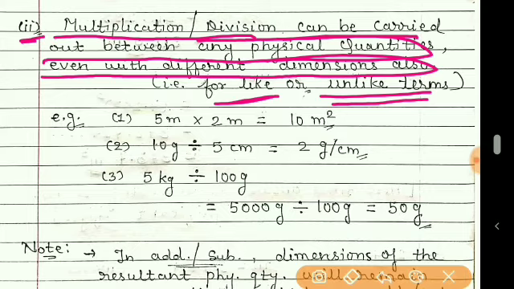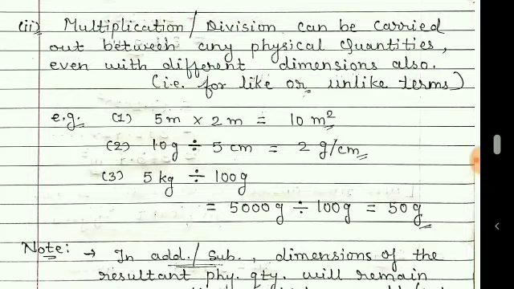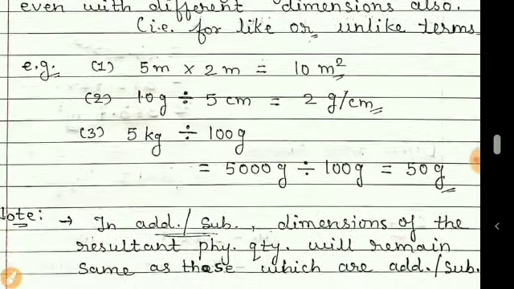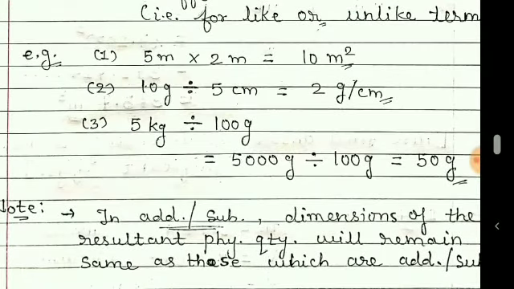So if two physical quantities have same dimension, then also multiplication or division can be carried out. Or if they are having different dimensions, then also this operation can be carried out. Now let us see an example so that you can understand it properly.